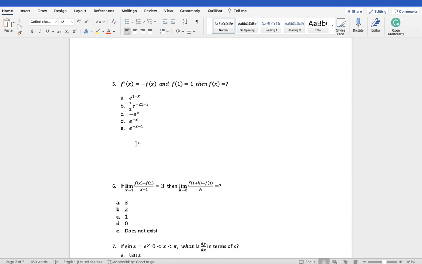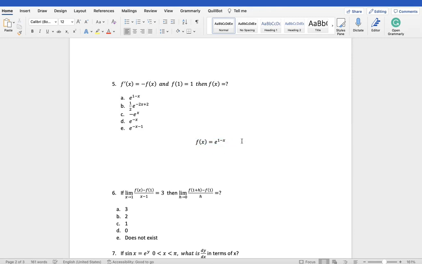So let's say we consider the first option first. Let's say we take f of x is equal to e to the 1 minus x, right? So let's take the first derivative of that.